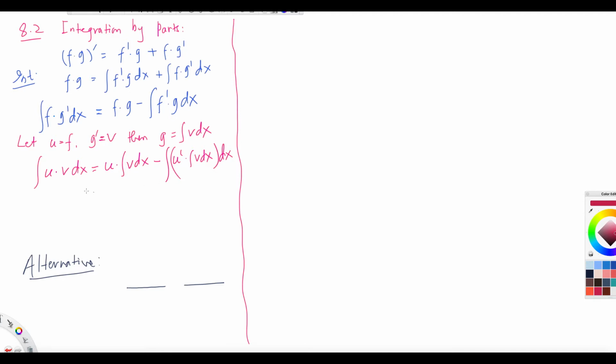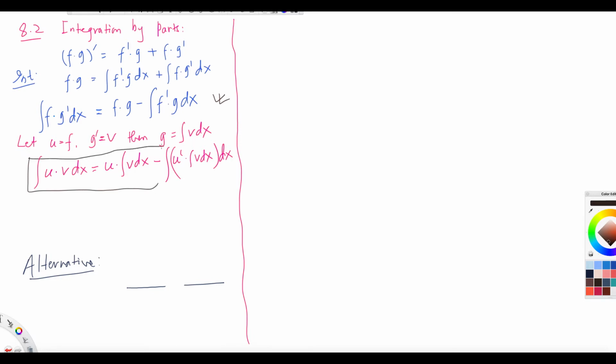So you can use this format of the formula, but the book uses the other format. Okay, so the book, or you may have seen integration by parts before. If you have seen that, then it uses that format of the formula, but I like to use this format of the formula.